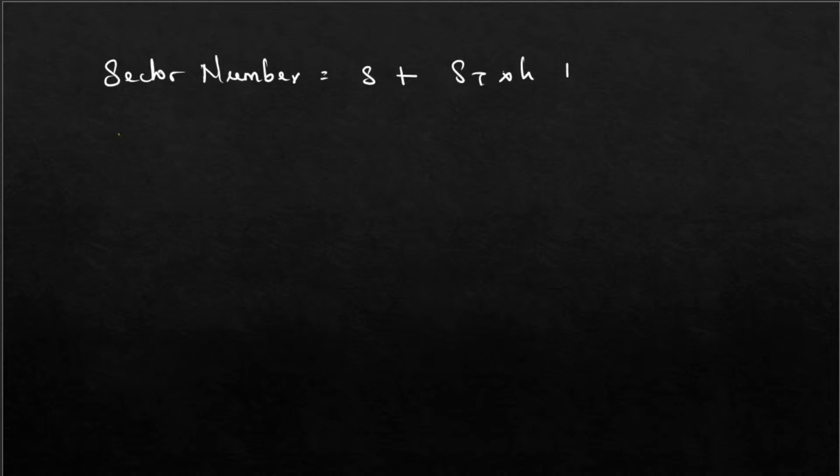Now let's see the next one, which is sector number S plus St into H plus St into Tc into C. So this S is nothing but number of sector.